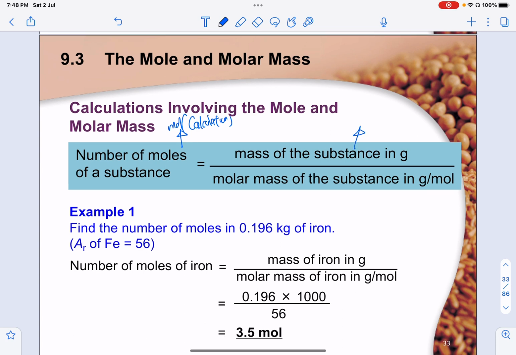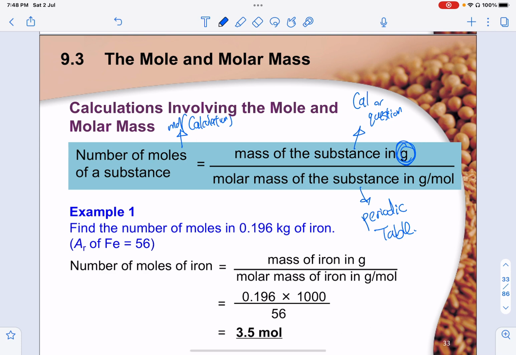Mass of the substance, most of the time, again you either calculate it or get it from the question. To start the initial discussion, usually they will give it in the question. Then you have to find the mass of another substance. You cannot find it from anywhere else; molar mass can be calculated only from the periodic table, and that is basically your AR or MR. So be very careful with how the different calculations are.